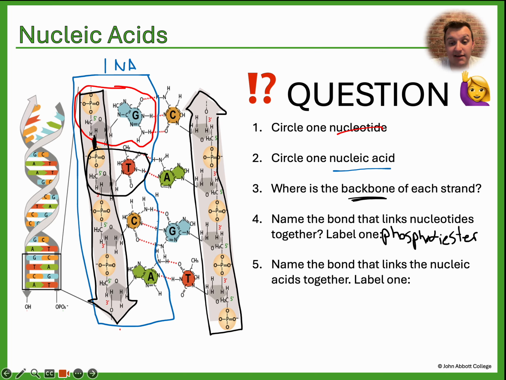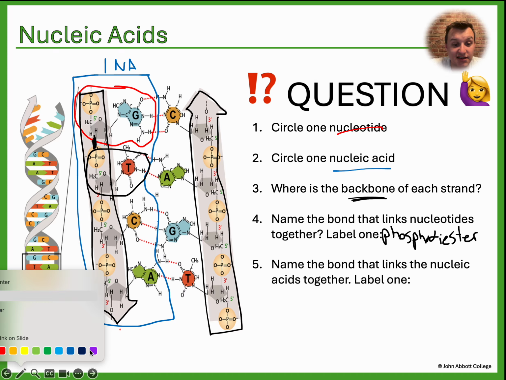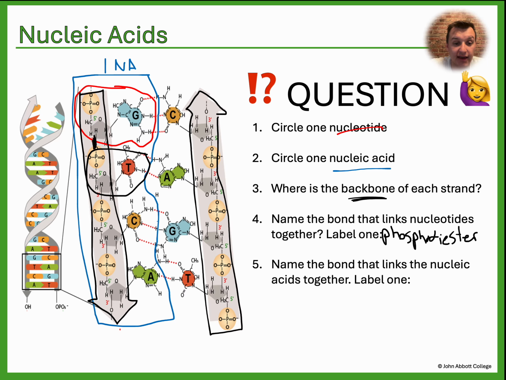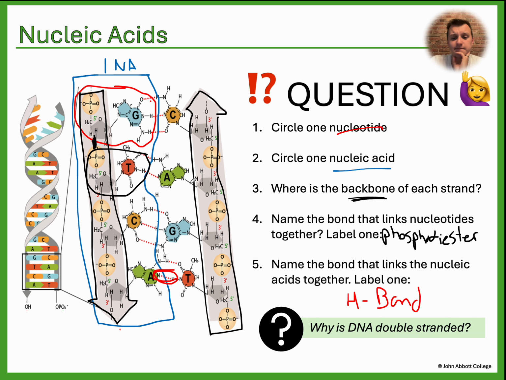Name the bond that links the nucleic acids together, right? Well, this one is one nucleic acid here and another nucleic acid here. This is the bond over here that links the two together, right? This is called a hydrogen or H bond, because usually a hydrogen's involved and they're weak bonds, okay?